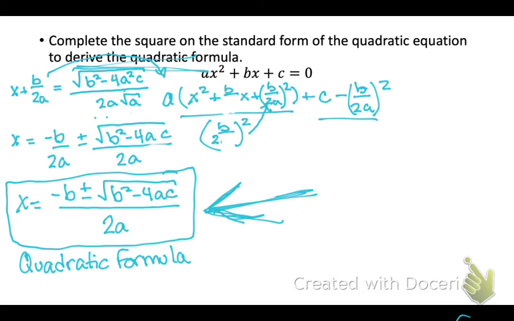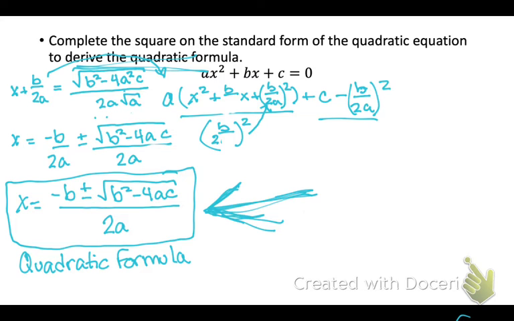I really don't care how you do it, if you factor or use this, but if you can't factor, what do you have to use? The quadratic formula. If you're using completing the square, are you essentially using the quadratic formula? Yeah, you're just taking a long time to get there. Wouldn't it be much easier just to jump to it?